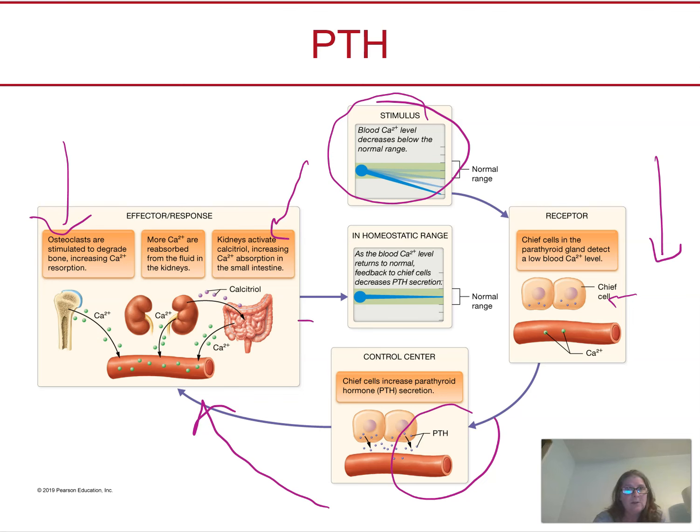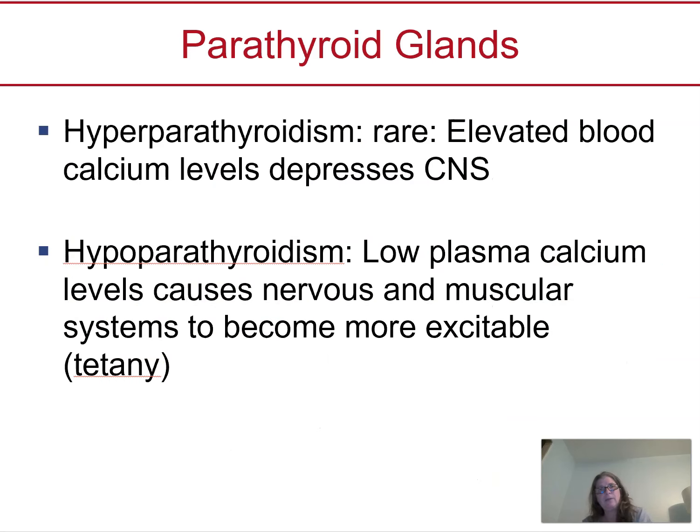It actually goes into the small intestine, where most absorption of all your nutrients happens. So it really tries to pull any calcium out of anything that you might have eaten. And it also targets the kidney, where it tries to hold on to calcium so you don't lose it in your urine. So it has a really important 3-prong attack.